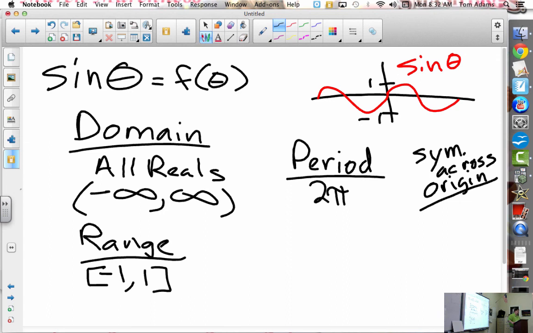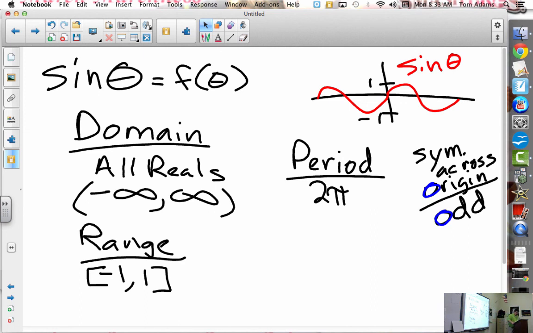What type of function is it? Even or odd? Did we talk about that this year so far? Yeah, so if it's symmetric across the origin, is it even or odd? We all know even, right? Even is symmetric across the y-axis. Then if that one is even, then this is an odd function. I always remember odd like this because odd, origin, they both start with the letter O. That's how I remember.